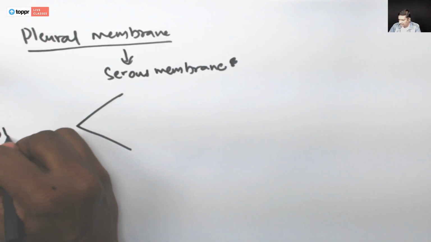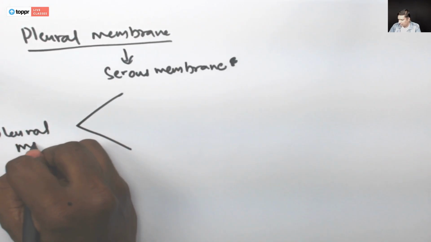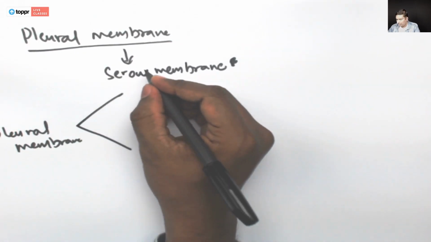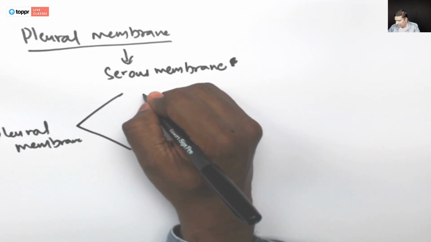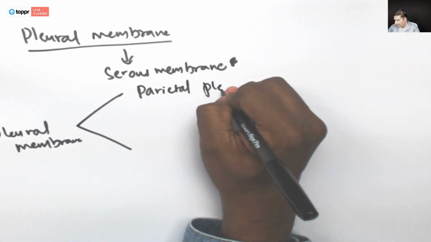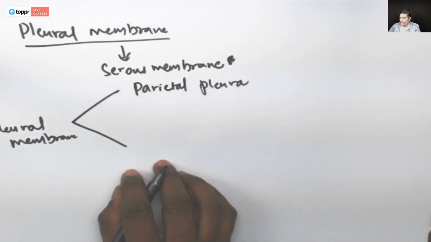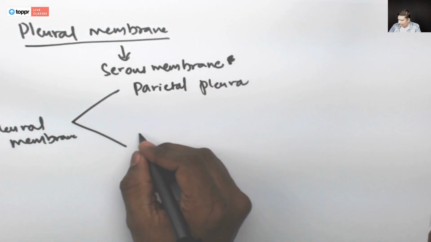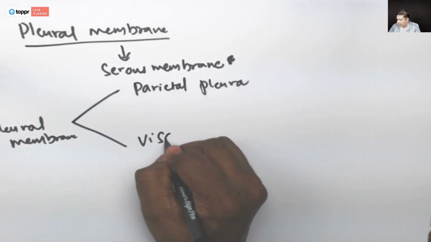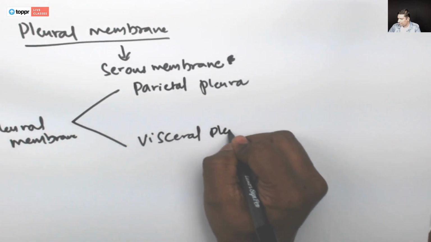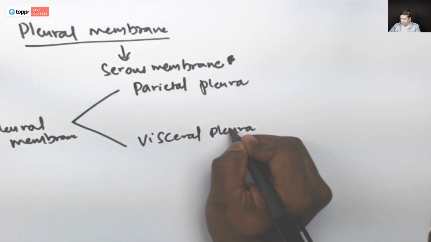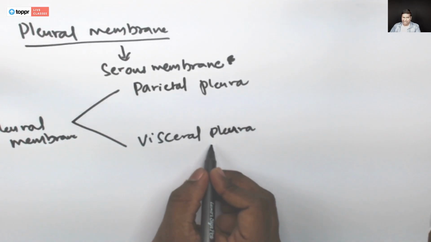The outer layer is called the parietal pleura, and the one which is facing the lungs is called the visceral pleura. You have parietal pleura, P-L-E-U-R-A, and visceral pleura.